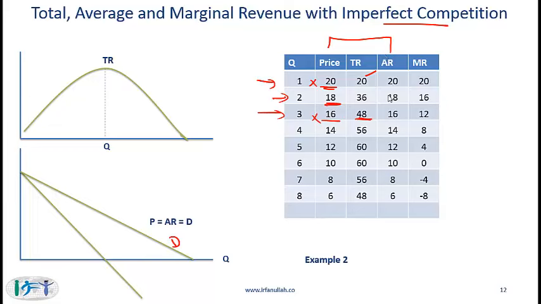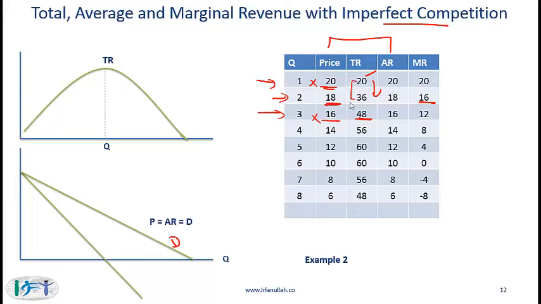What about marginal revenue? Marginal revenue is the revenue from selling 1 additional unit. When you sell the first unit, the additional revenue is 20. When you sell the second unit, the marginal revenue is 16, because total revenue then goes from 20 to 36.